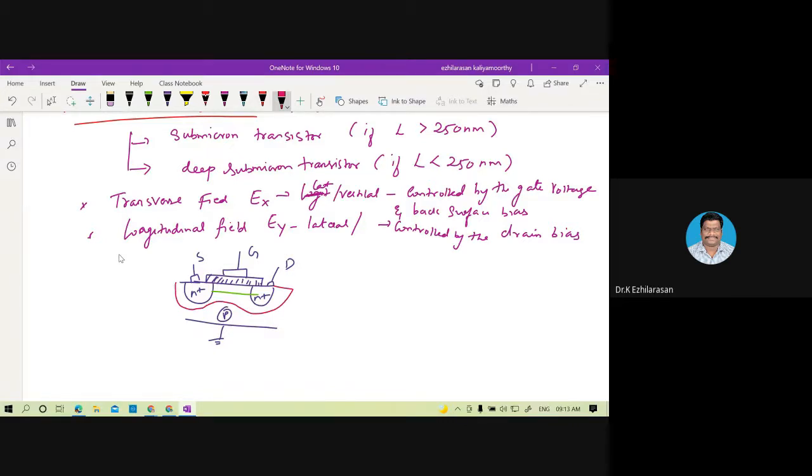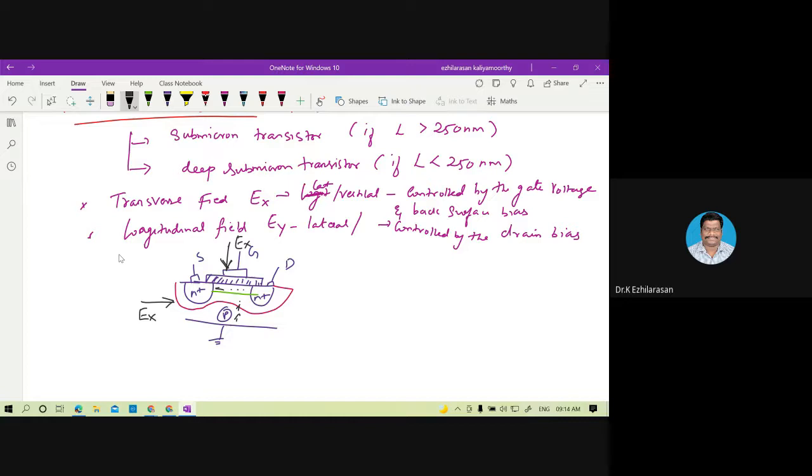So now two electric fields will be there. One electric field arises when you apply the voltage from the gate, the vertical electric field, which I call EX. Then there is one more electric field, from the bulk to the gate. The other electric field will be from drain to source, since the current will move from the drain to source as well as from substrate to the gate.